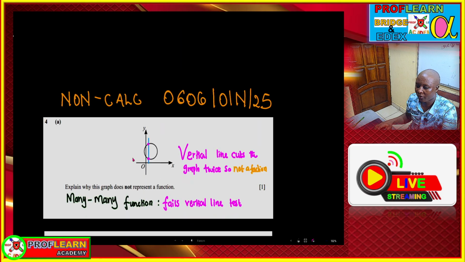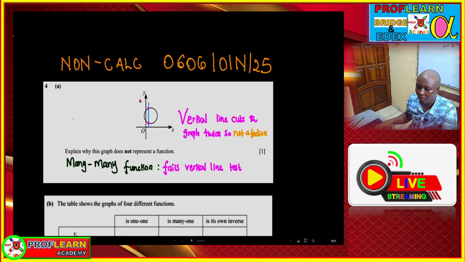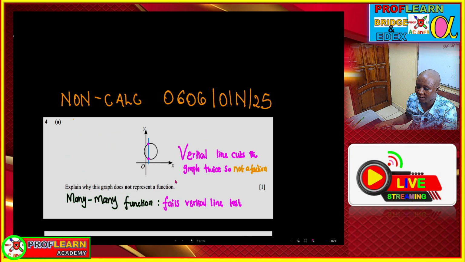Let's look at question 4. Question 4 was about functions. This topic is about functions. It was to explain why the graph does not represent a function. If you draw a vertical line, this is the vertical line test.